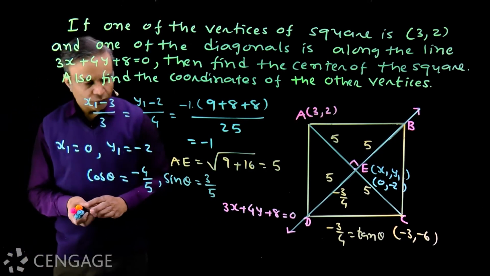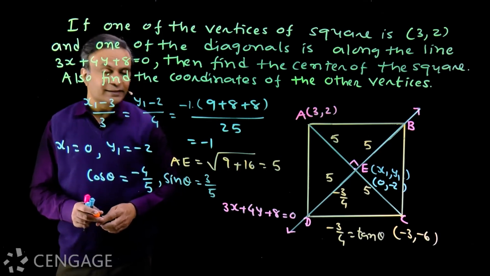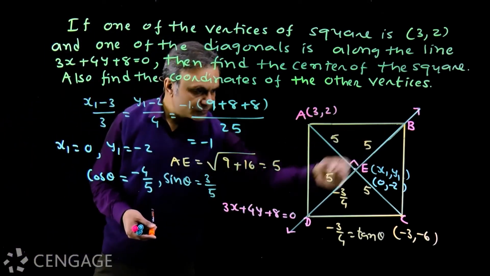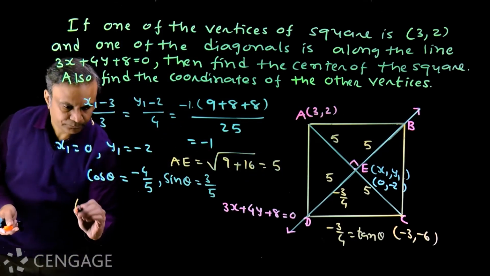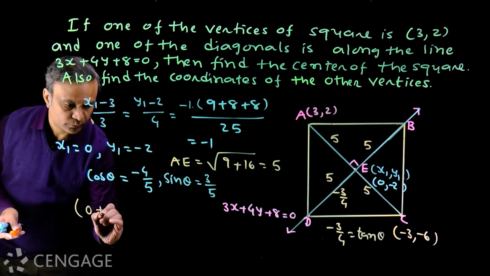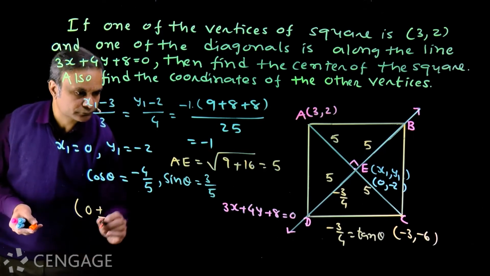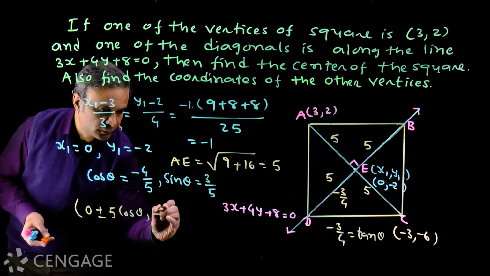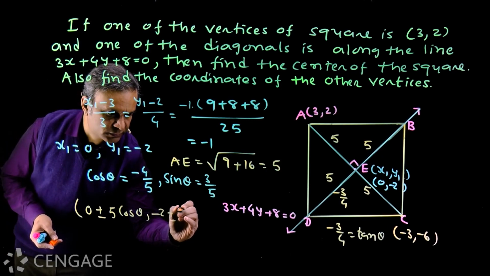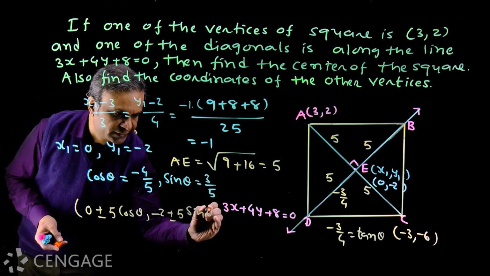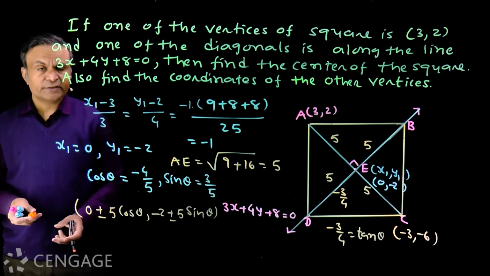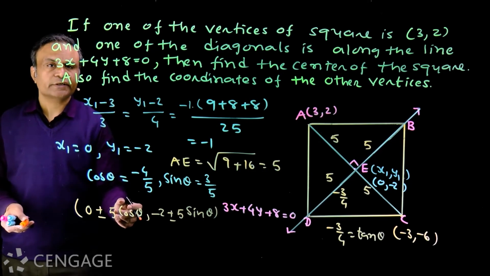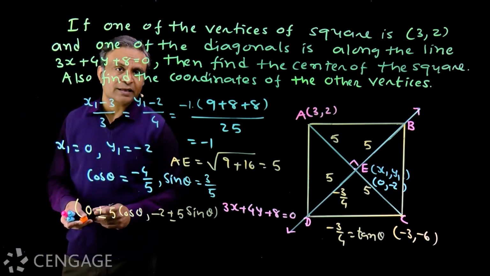So coordinates of 2 points at distance 5 units from point E on this line are given by (0 ± 5 cos theta, -2 ± 5 sin theta). We have the coordinates formula (x1 ± r cos theta, y1 ± r sin theta).